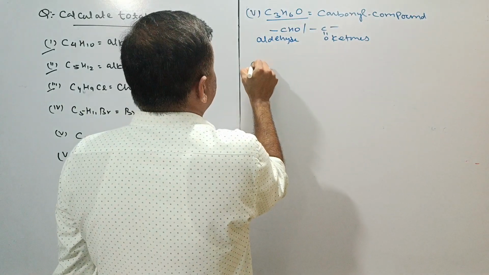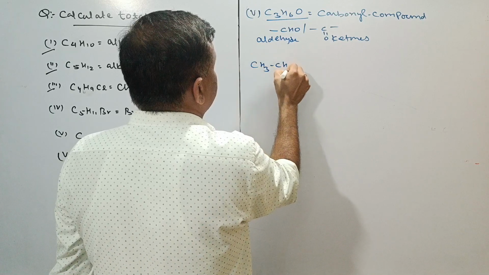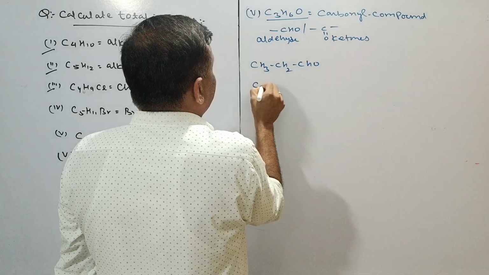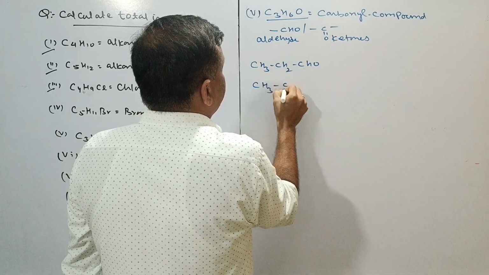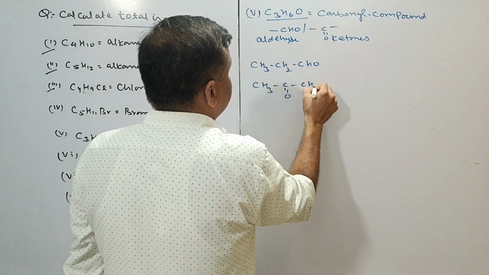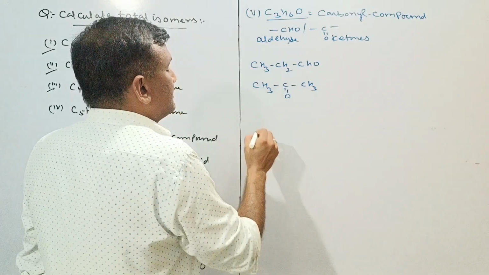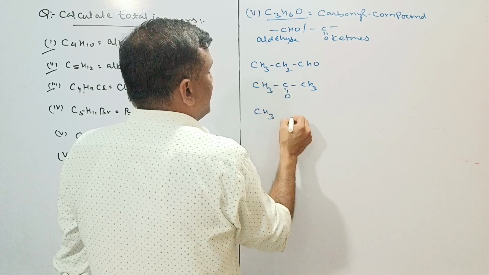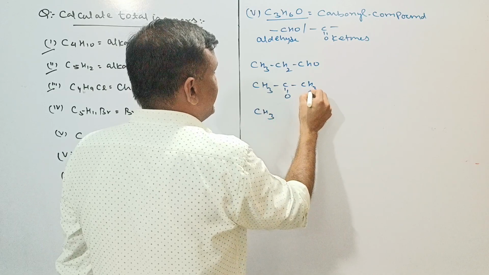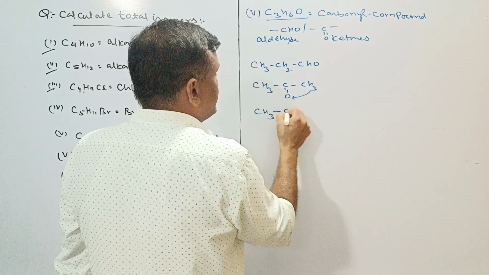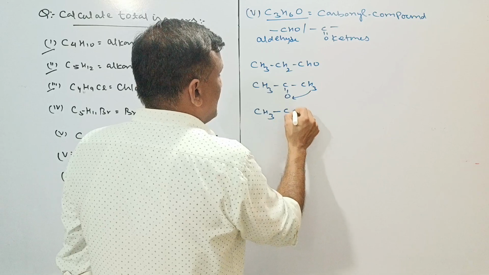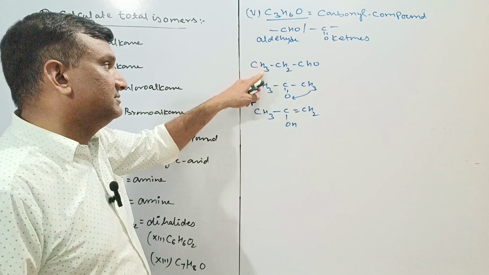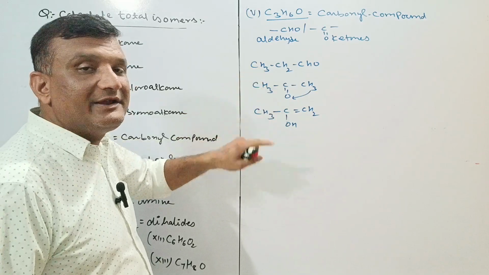First carbonyl compound is your CH3, CH2, CHO. Second is, we can take the functional group as CH3, CO, CH3. Third, we can take CH3 as keto-enol isomerism. H will shift over here, so it will be OH and double bond CH2. This is the aldehyde, this is the ketone, this is the enol.